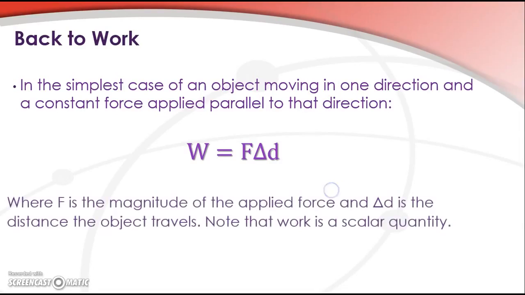And that's a pretty simple calculation. We've already talked about force in this course. Delta d, we know all about this. So it's really a pretty simple way to calculate the work done. Now, one thing to keep in mind, work is a scalar quantity.